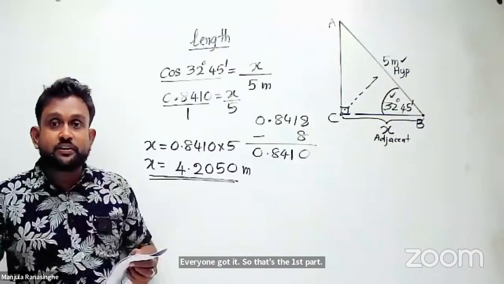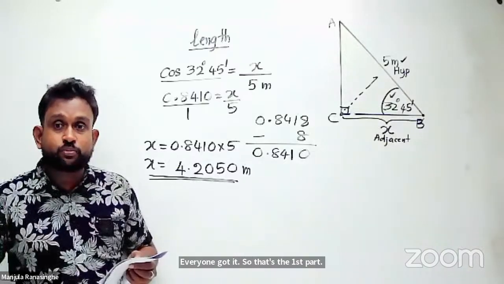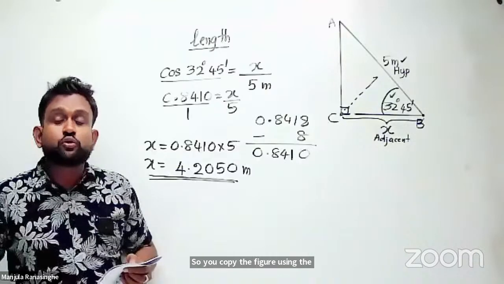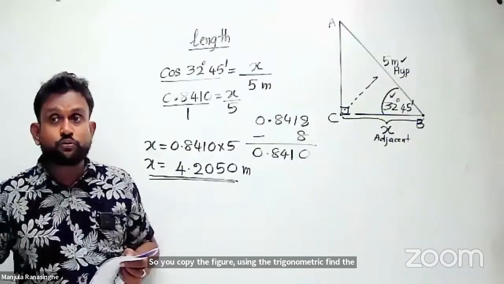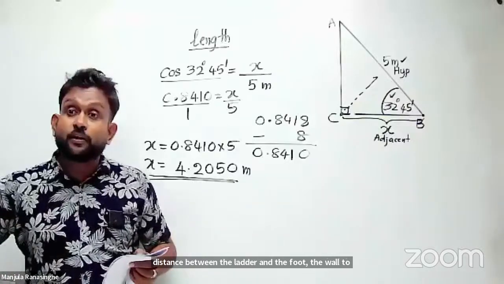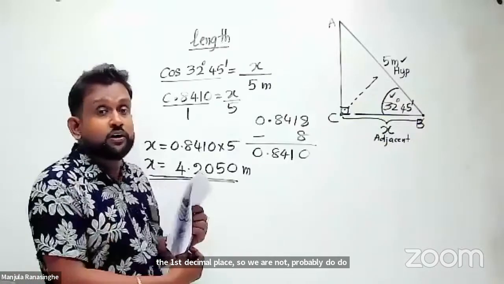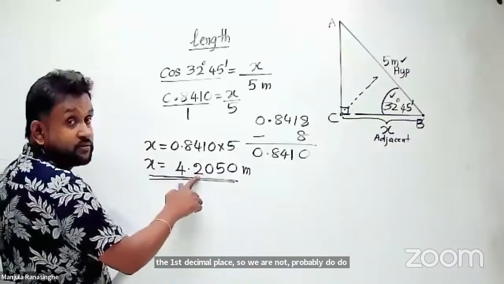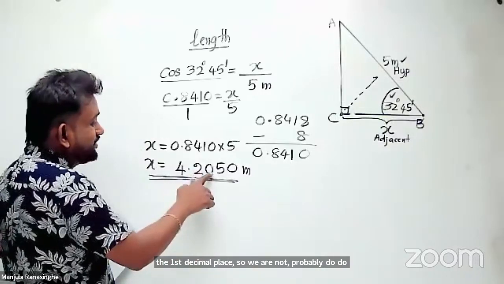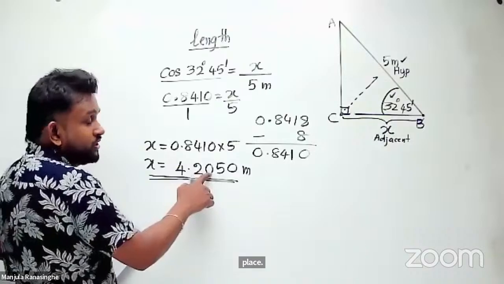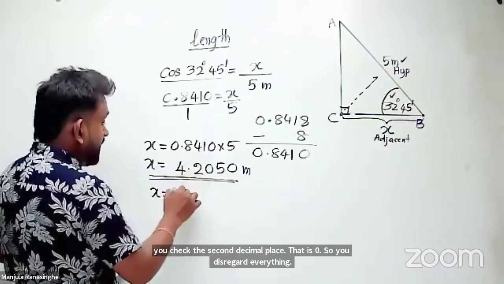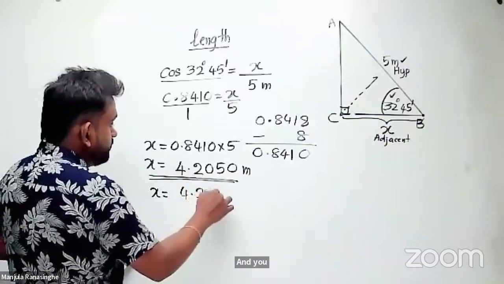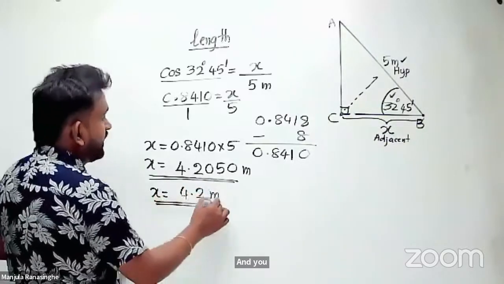So you copy the figure, using the trigonometry ratio, find the distance between the ladder and the foot of the wall to the first decimal place. So we do not leave it as is; you round off to the first decimal place. To round off, you check the second decimal place. That is 0, so you disregard everything and you will not add anything. So the answer should be 4.2 meters. That is the final answer.